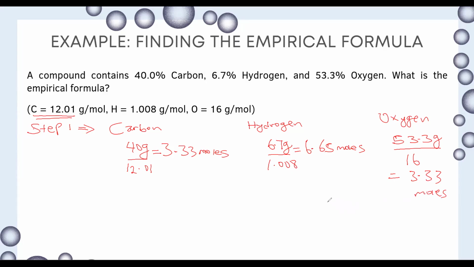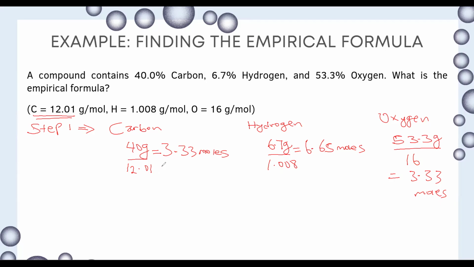Now, Bukumi, what is the next step that we are to take? Bukumi, are you there? Okay. All right, if Bukumi is not there, David, can you tell us the next step to take? We are to divide by the smallest value.